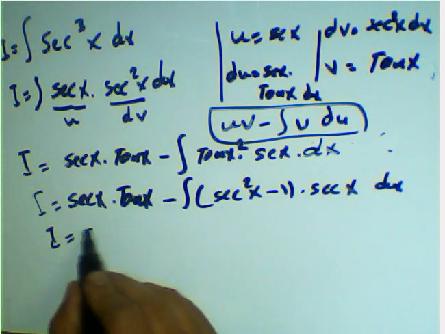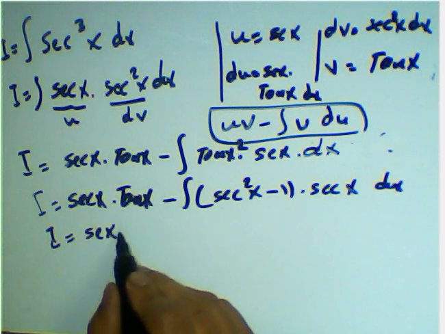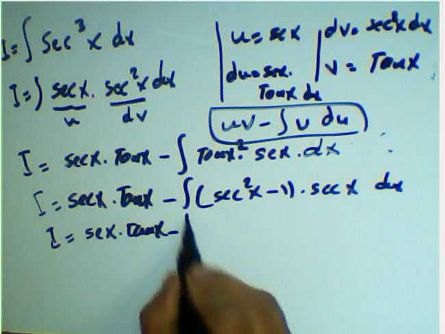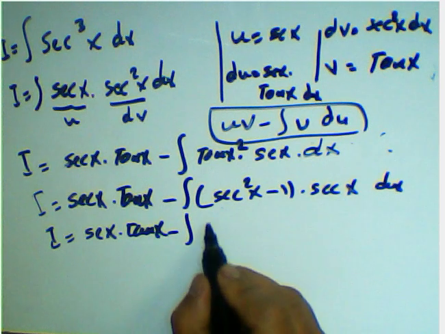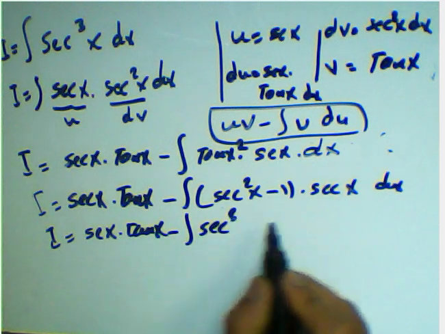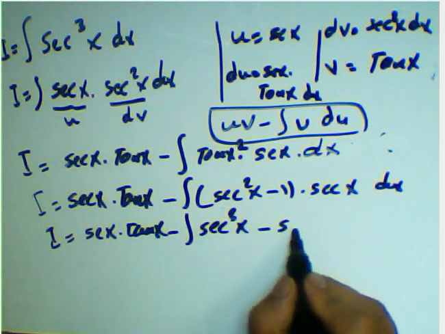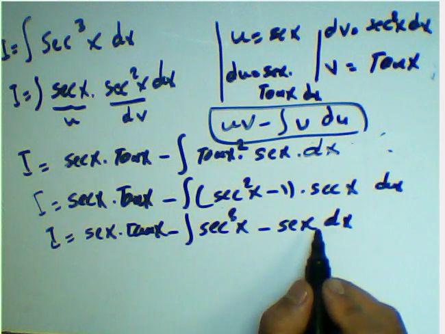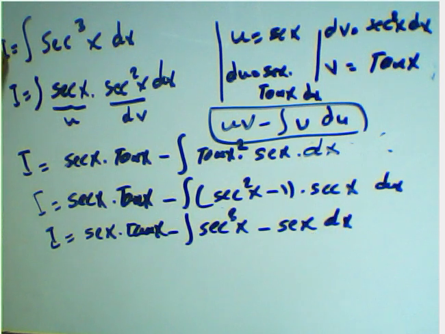Then I equals sec x tan x subtract the integration, distributing here, sec^3 x subtract sec x dx. We call this function I here.